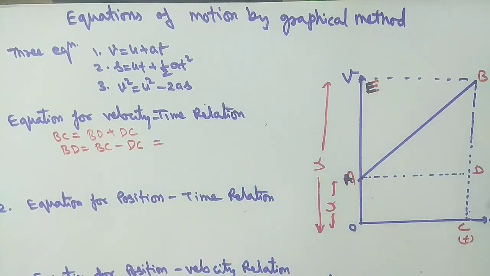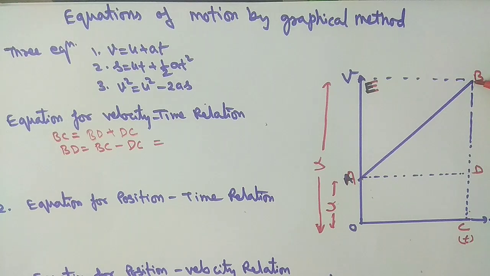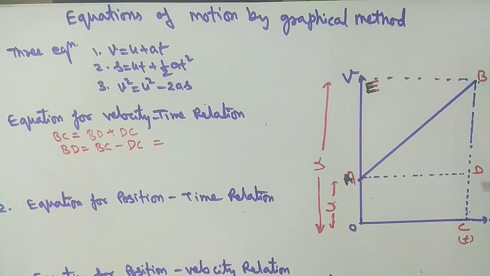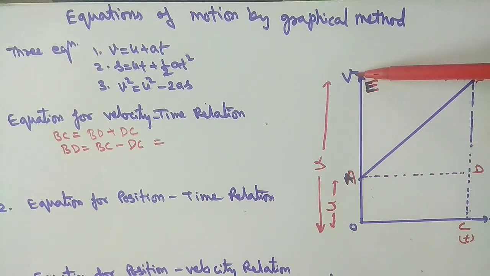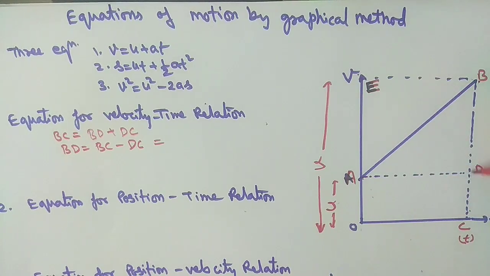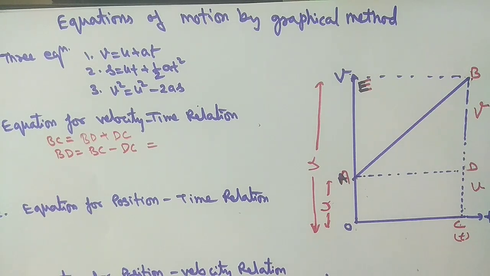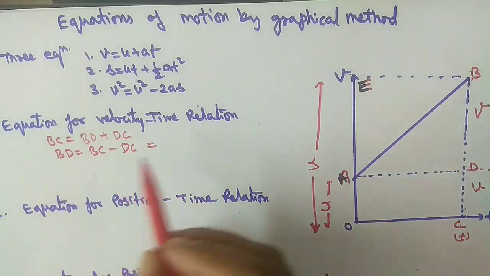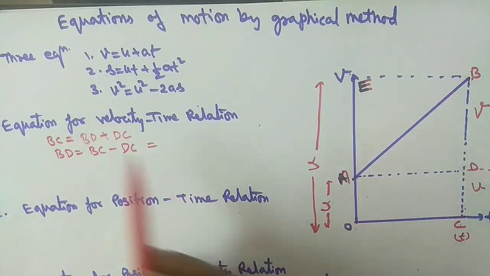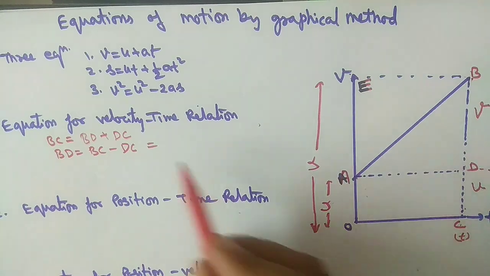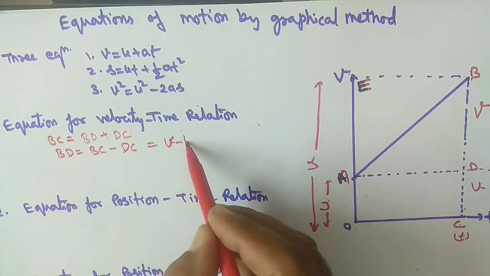BC is V, up to here it is V, and DC is U. Remember, up to here it is U, and from here to here it is V.